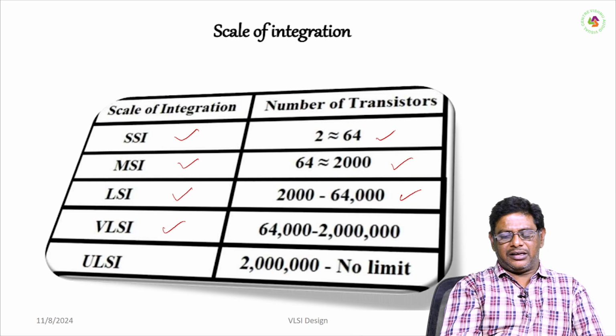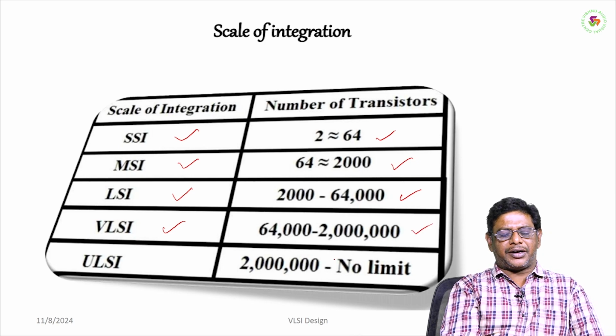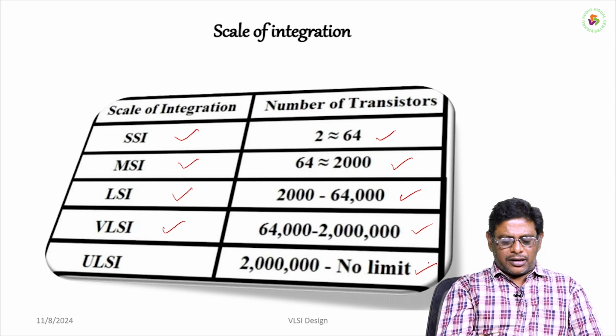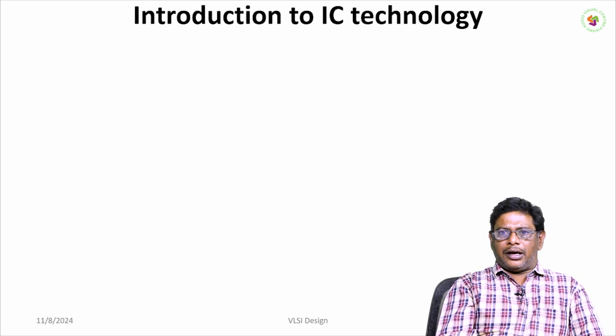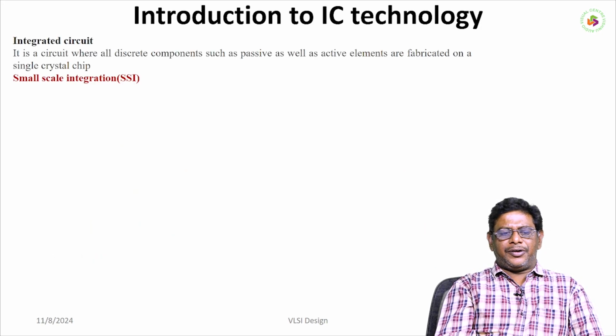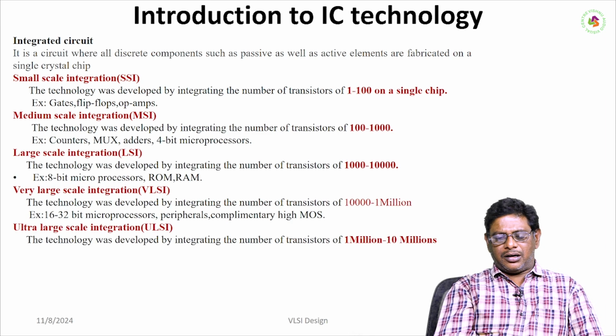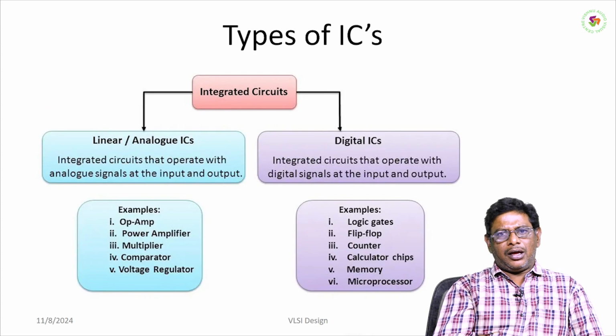Coming to VLSI, we can accommodate 2 lakh gates. And ultra large scale, you can have more than that value. Coming to IC technology, the number of transistors we can have here may be more than 1 million, 2 million and so on, based on the requirement of the design.